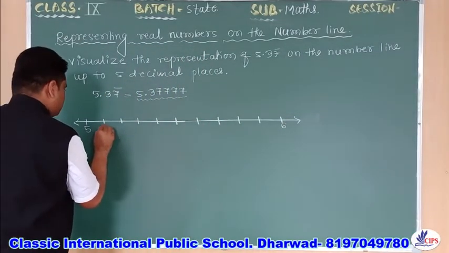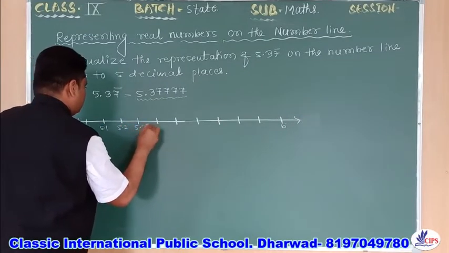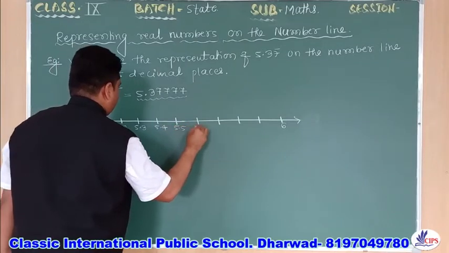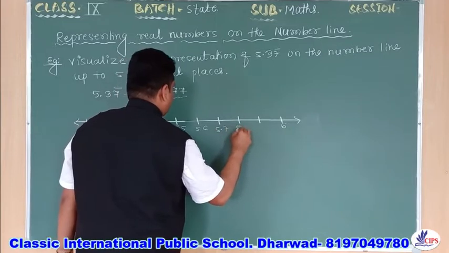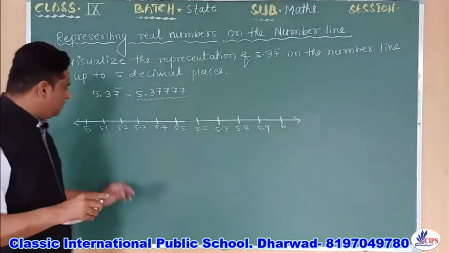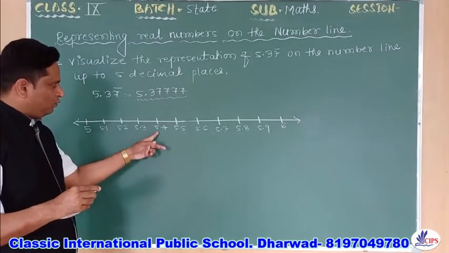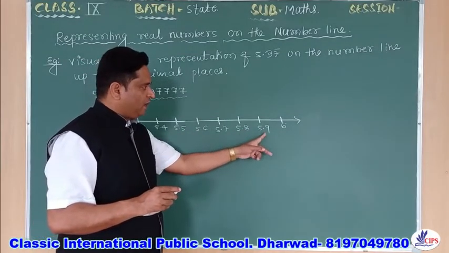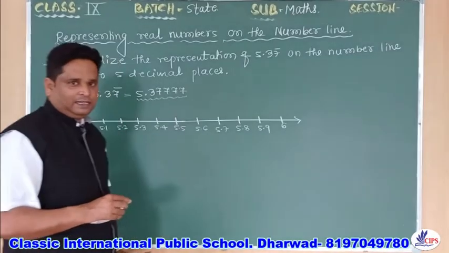This is 5, this is 5.1, 5.2, 5.3, 5.4, 5.5, 5.6, 5.7, 5.8, 5.9 and 6, right? It is the number between 5 and 6 here.